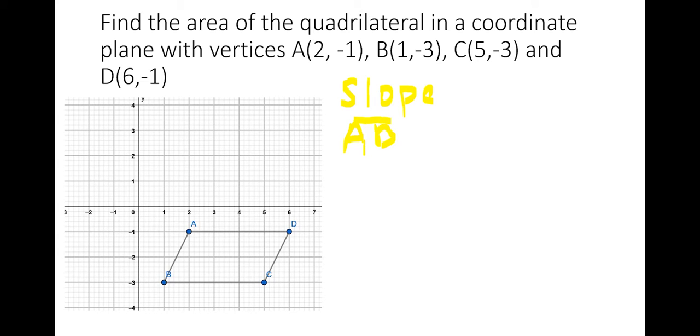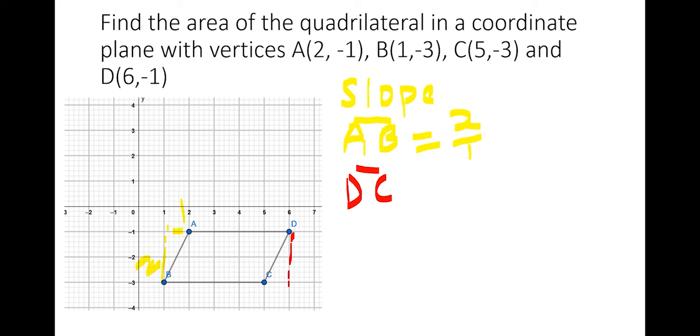So rise for A is 2 and run is 1. Now find the slope for DC.